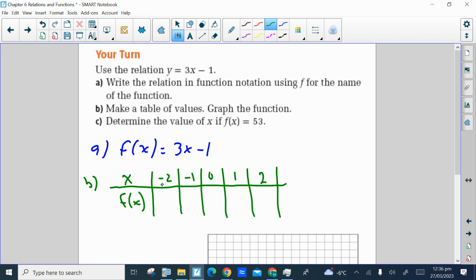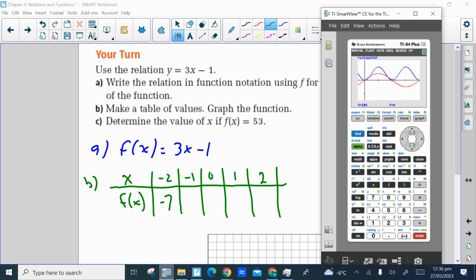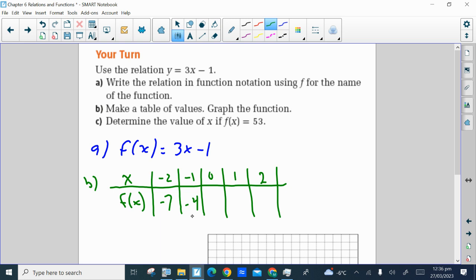When x is negative 2, 3 times negative 2 is negative 6, take away 1 is negative 7. You can do these on your calculator. The calculator will do order of operations for you. So there's 3 times negative 2 minus 1, you'll get negative 7. When x is negative 1, 3 times negative 1 is negative 3.